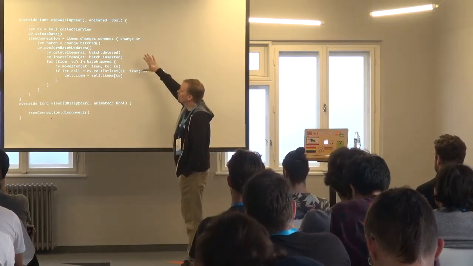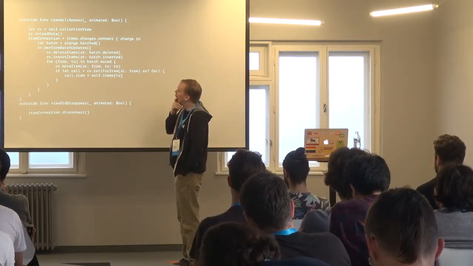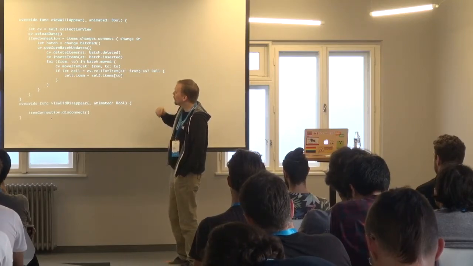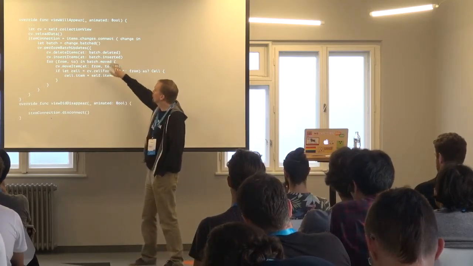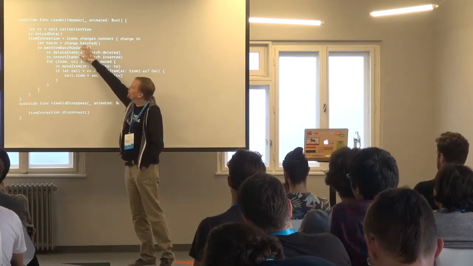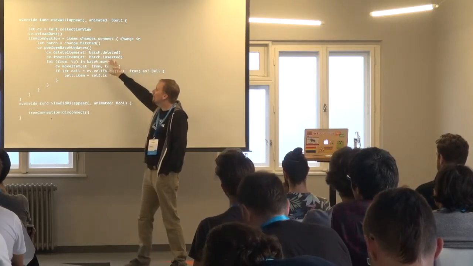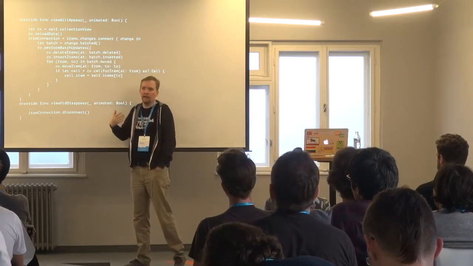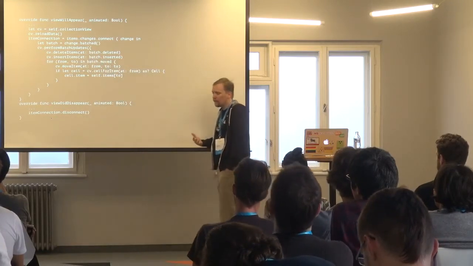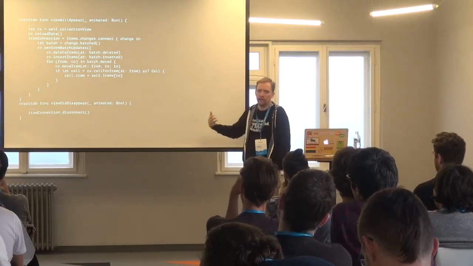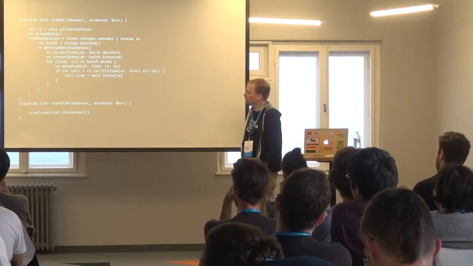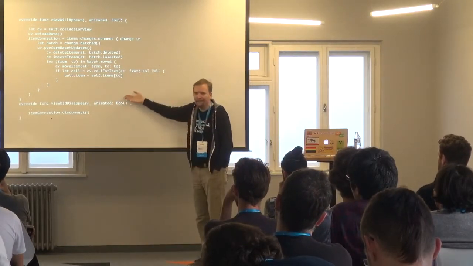So you only connect things up in the view will appear method. And what you do is you subscribe to the changes of these items. And whenever there's a new change, you analyze it and generate a description of it that you can just tell the collection view. And then you do it.